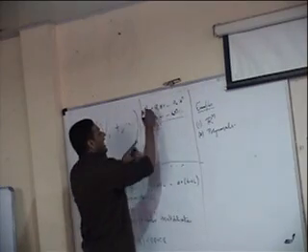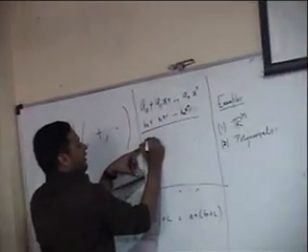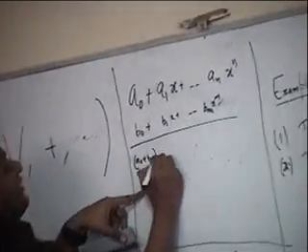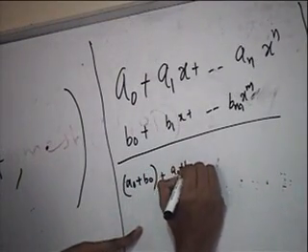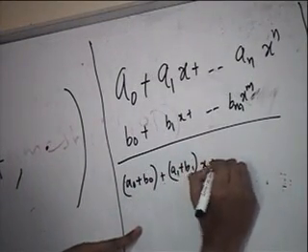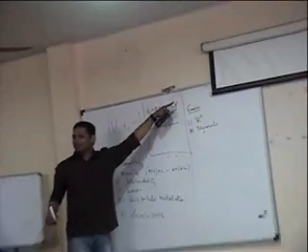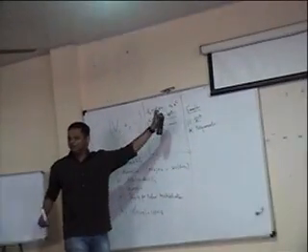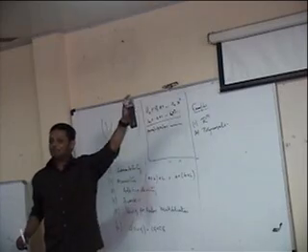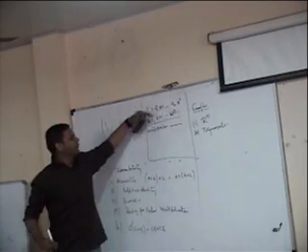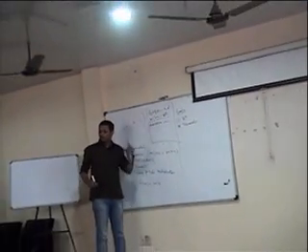Okay, we can add these, and we will get a0 plus b0 plus (a1 plus b1) times x plus etc. Whether m or n is bigger, depending on that, one will get over first, and then just the other terms will be there. You know how to add two polynomials.